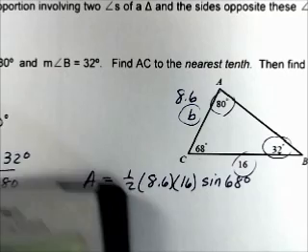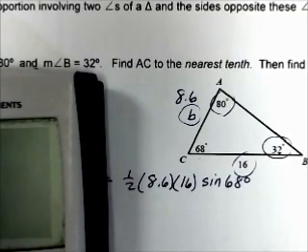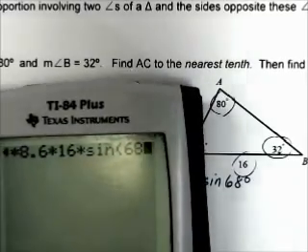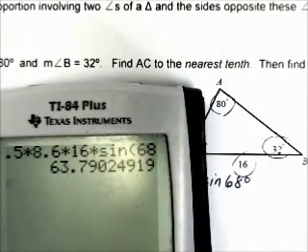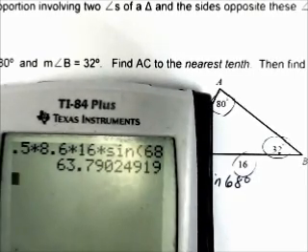Calculator. 0.5 times 8.6 times 16 times sine 68. We'll also round this to the nearest tenth, so 63.8.